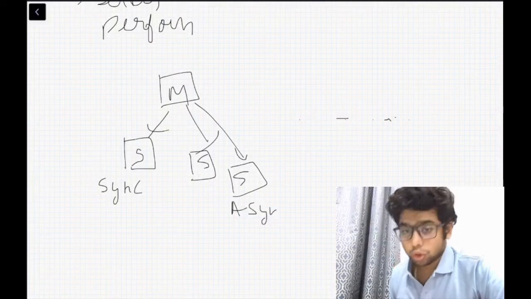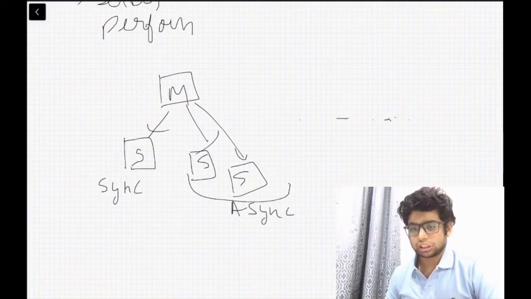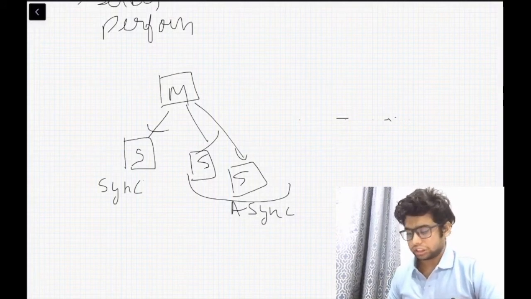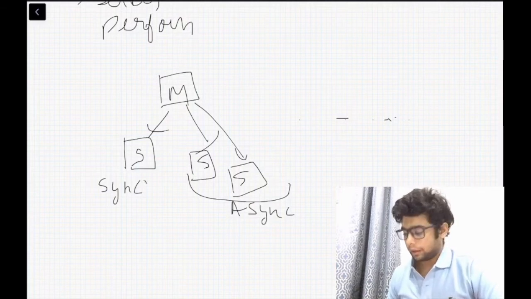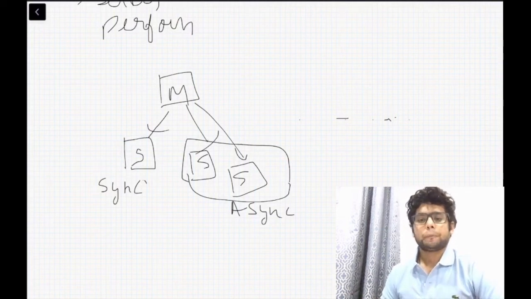In this kind of scenario, you get the best of both worlds because this slave would always be consistent with your master, while these can update later. So you have consistency, and you have better performance because all of your slaves are not synchronous.